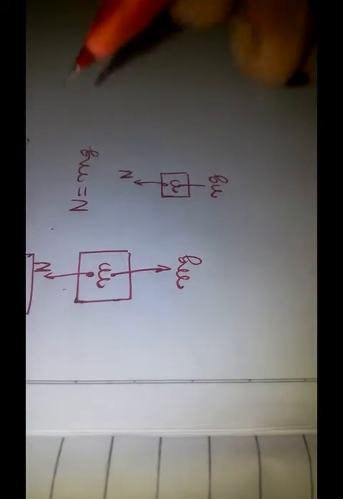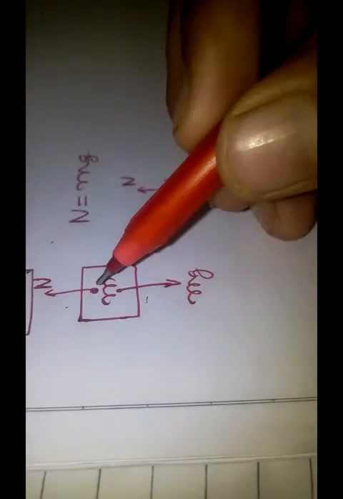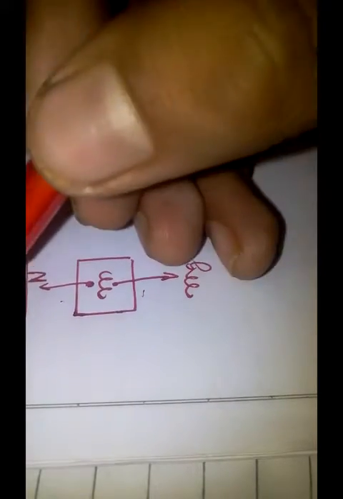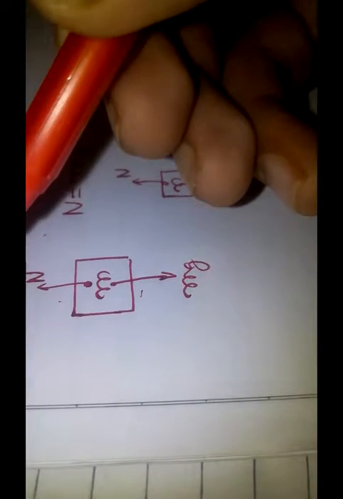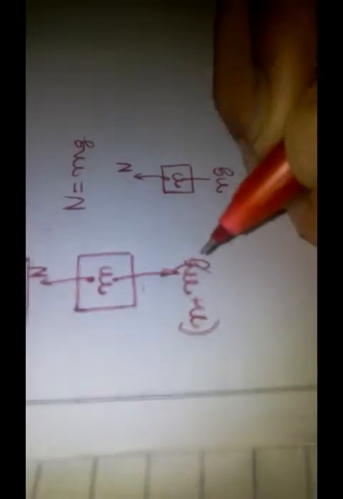In the system above you can see that mass n is above mass m. So here we will not consider just mass m, it is also beneath mass n, so we will consider (m plus n)g.